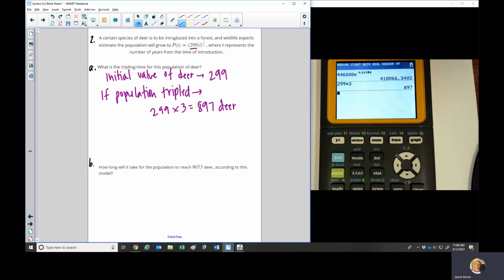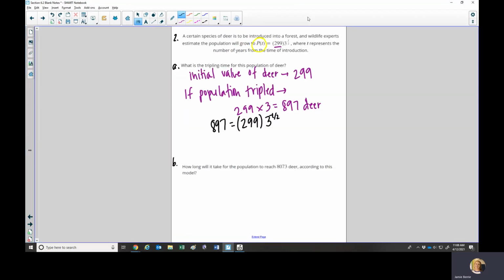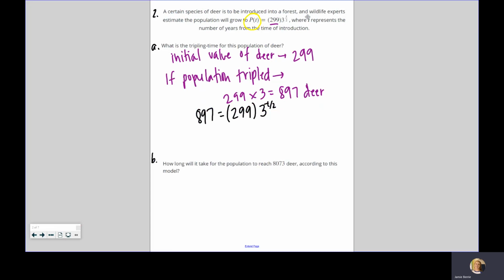Okay, so let's plug that into our function up here for P of T, because that's the population currently. We're going to replace P of T with 897. Right-hand side stays the same, so it's 299 in parentheses, then 3 raised to the T over 2.